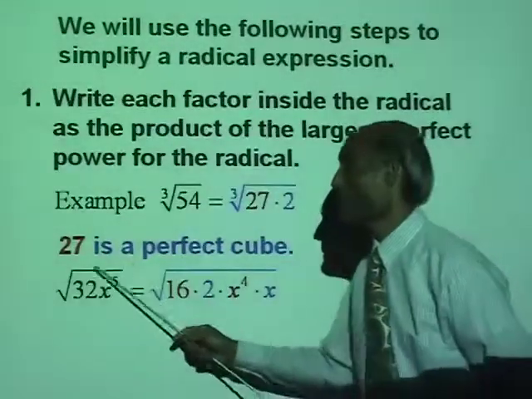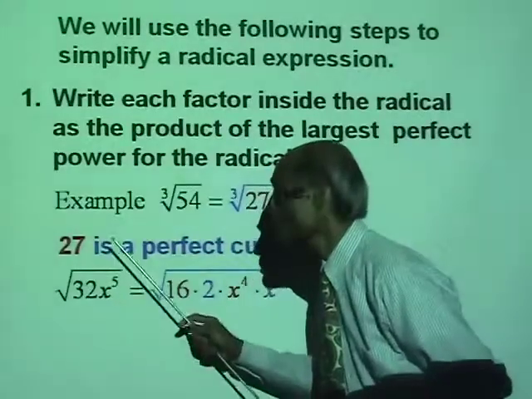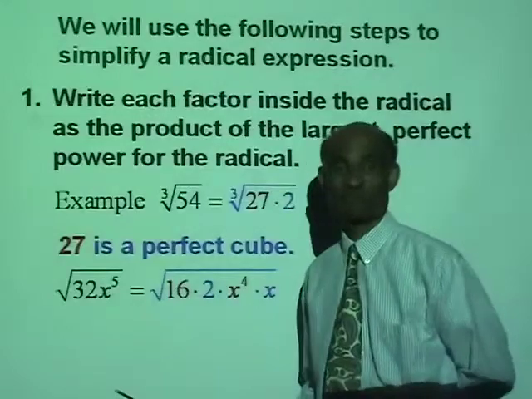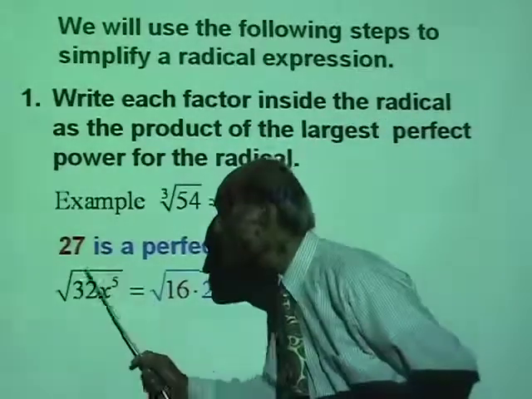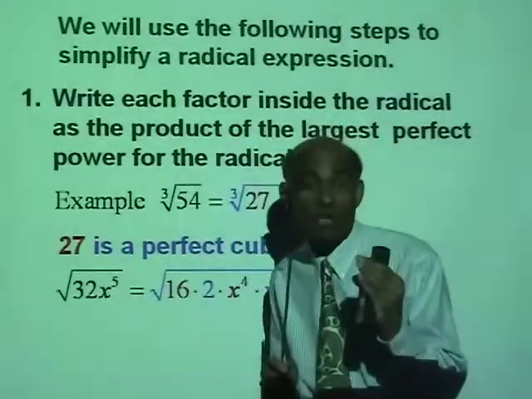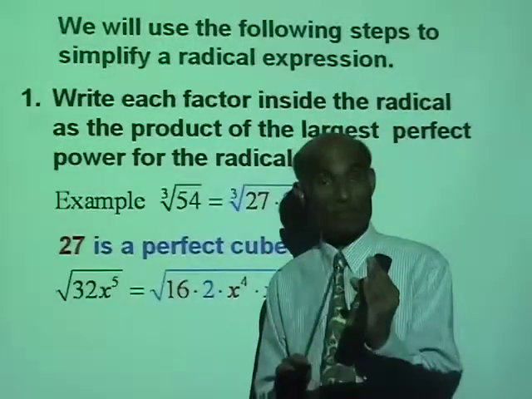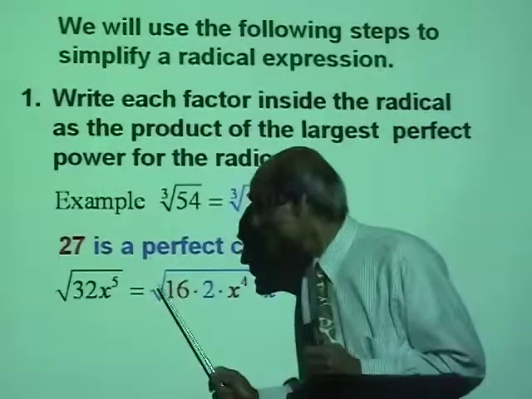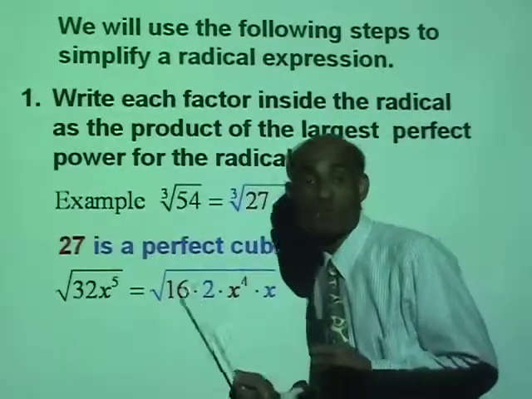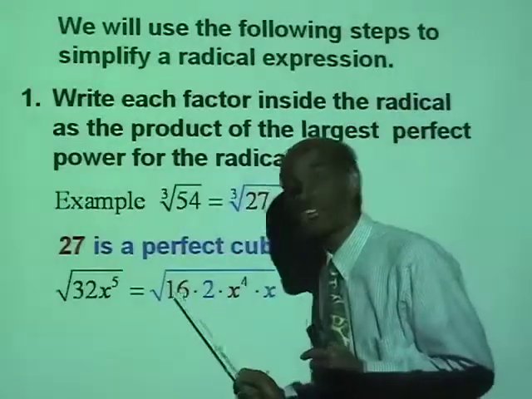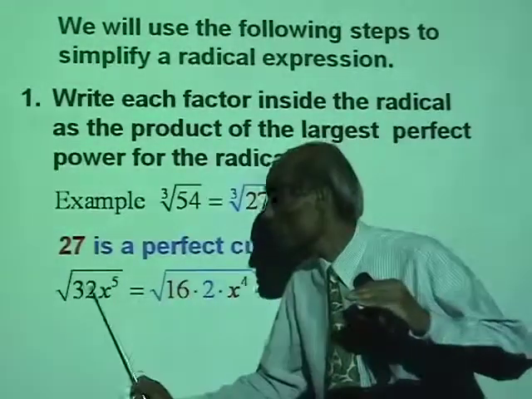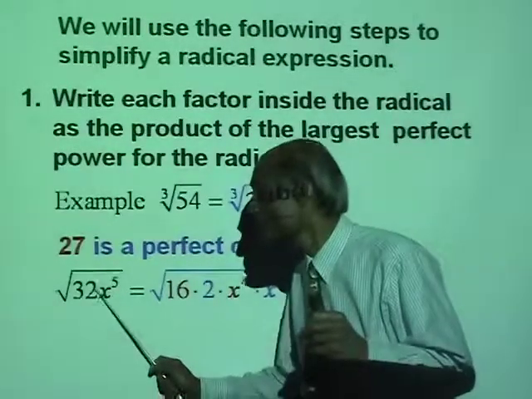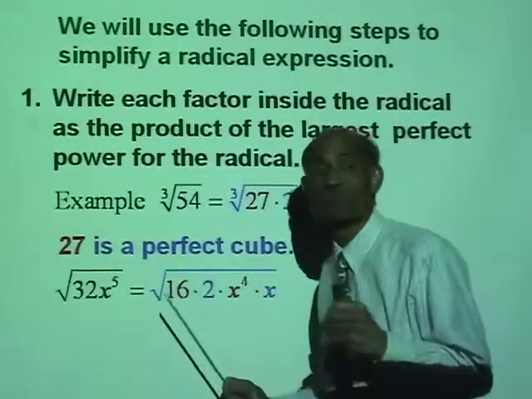Look at this now. If I want to write square root of 32 times x to the 5, can you write 32 as the product of a perfect square and another number? 32 is 16 times 2. You must be able to identify. 16 is the largest perfect square in 32. So we wrote 32 as 16 times 2.